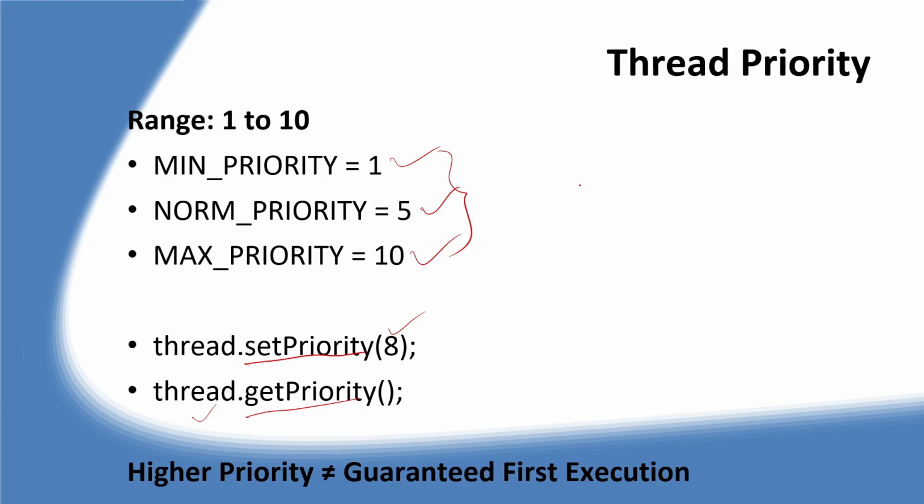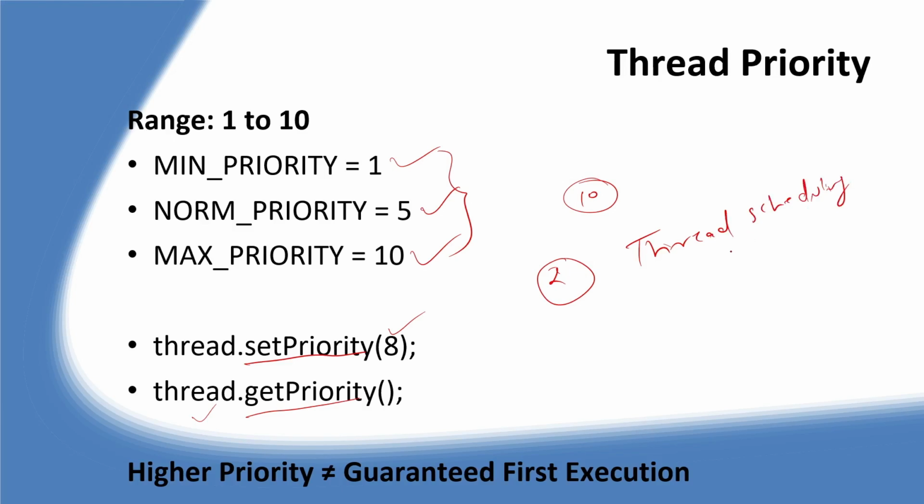So let's say we give one thread priority 10 and another thread priority 2. It is not guaranteed that this thread will execute before the other one. There is no guarantee. Why? Because of thread scheduling.